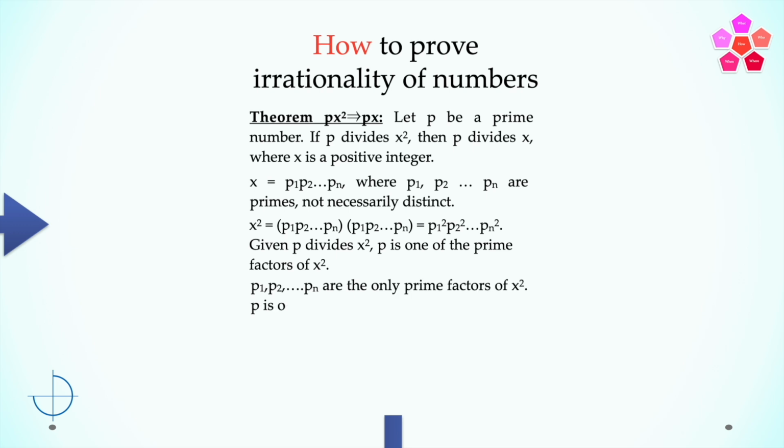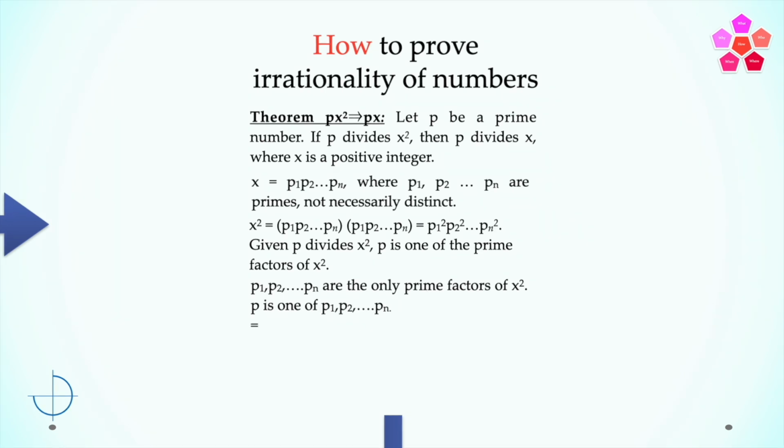So p is one of p1, p2, p3 and so on till pn, which implies that x is equal to p1, p2, p3 till pn and p divides x. So we have proved the theorem that a prime number that divides the square of a number also divides that number. This new theorem will be used extensively to prove the irrationality of other numbers.